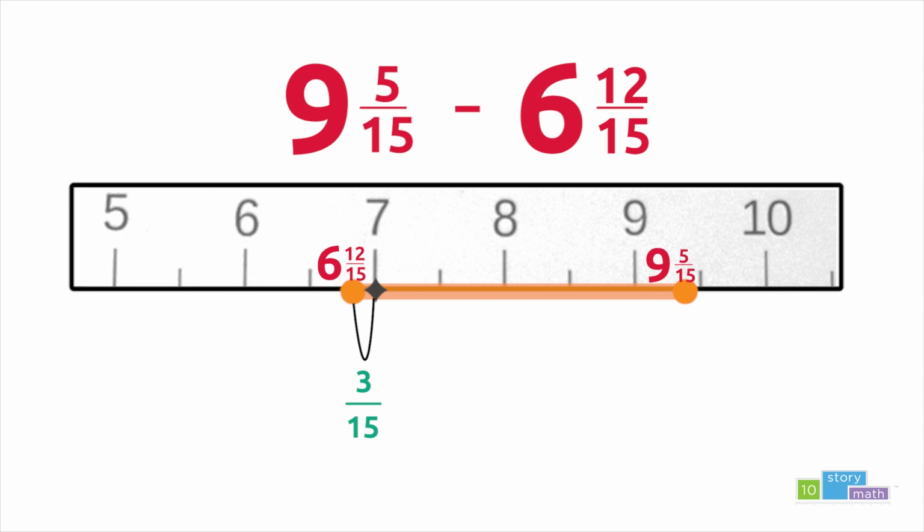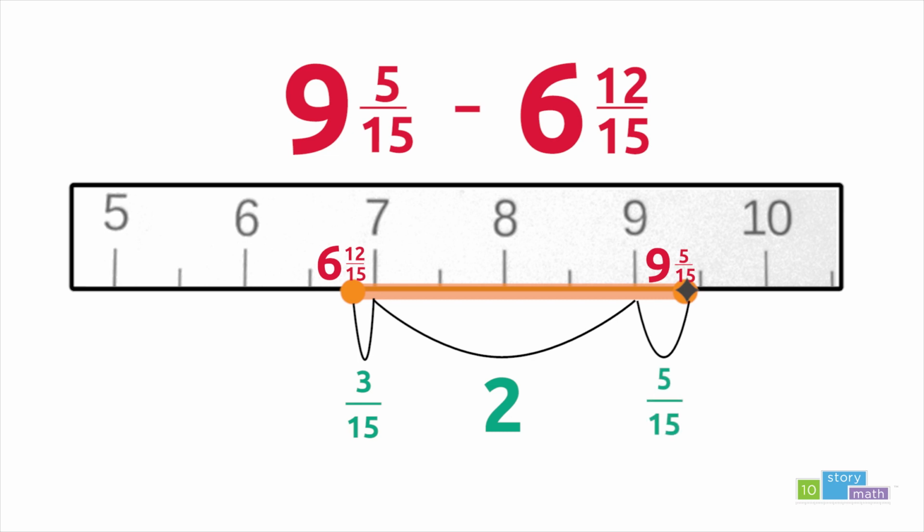Now that we're at 7, let's keep counting up by whole numbers. We can move from 7 to 9. If we went to 10, that would be too far. From 7 to 9 is a distance of 2 whole units. Now we're ready to reach our stopping point, 9 and 5/15. To do so, we just need to move 5/15 more.